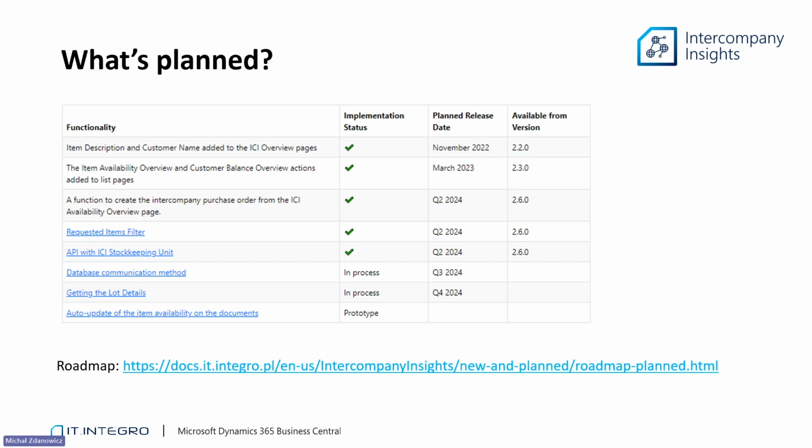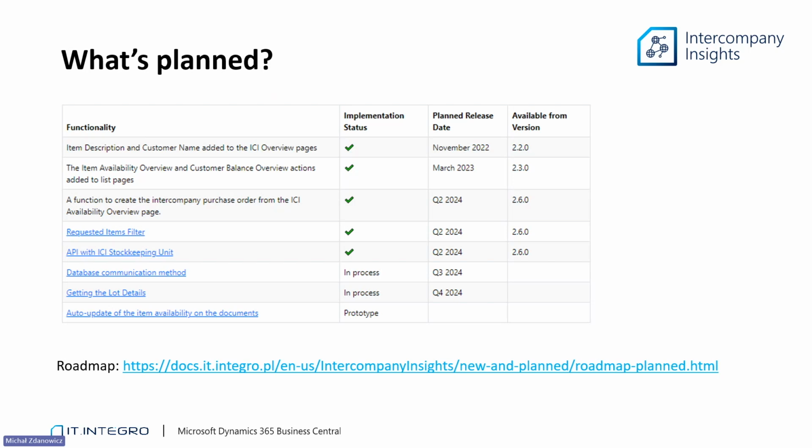We are also working on getting the load details. On the customer balance overview, you have the possibility to check the details of how this balance is built, getting the information about all the invoices and the credit memos of the specific customer.